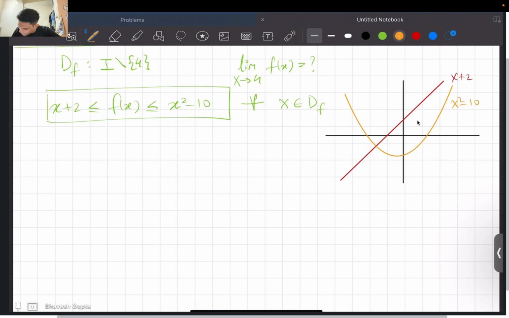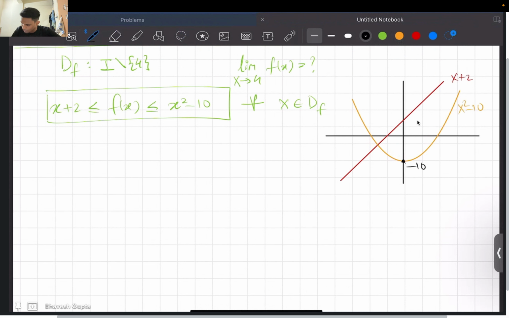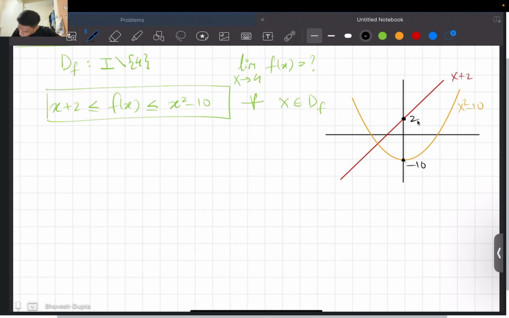X square minus 10. So this is your minus 10 here, in case you are wondering. And this is your 2.